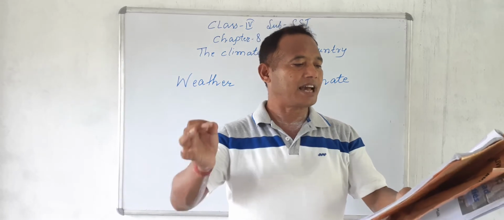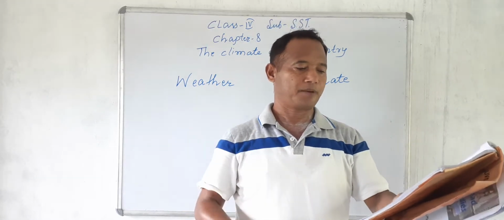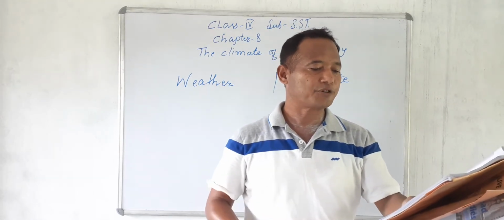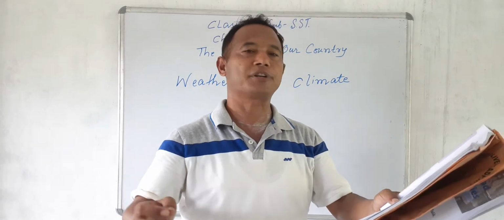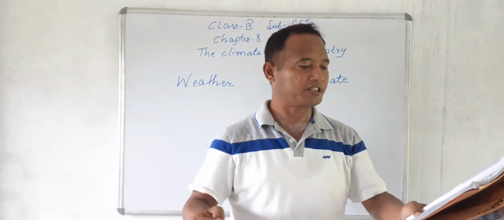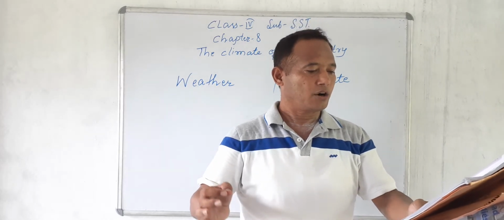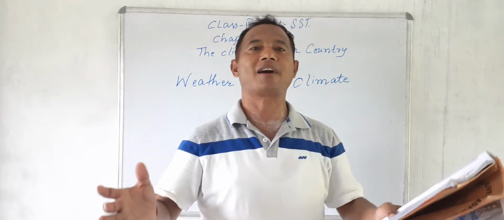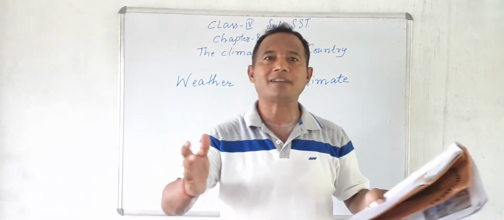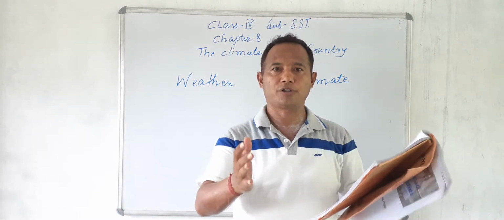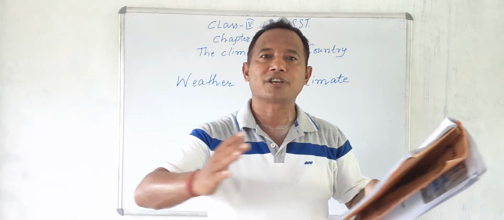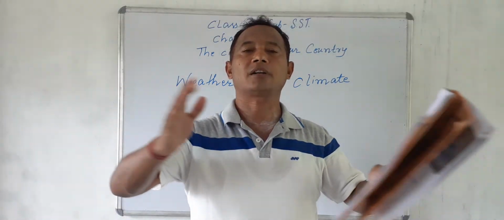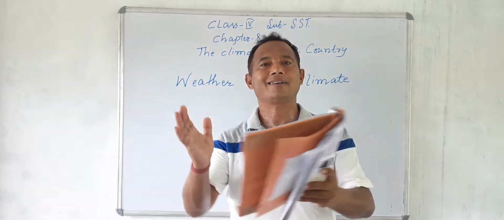particular place at a particular time, but climate refers to the weather conditions of a large area taken over a long period of time. Suppose we say it is very cold in the Himadri. Means in Himadri regions the cold climate is there for a few months or some parts of a year.